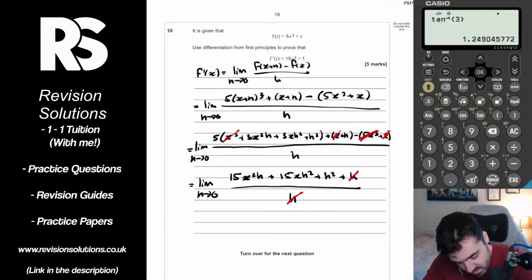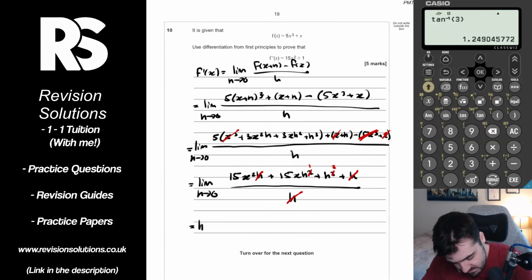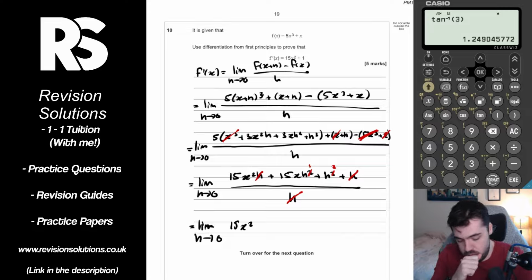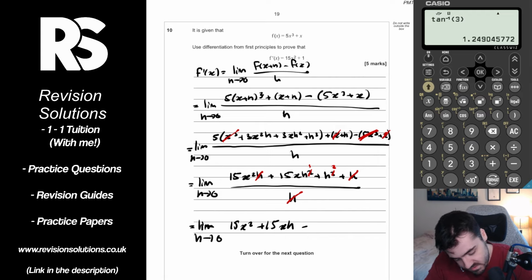So h goes there. That becomes a squared. That becomes a 1. That h just goes. So then we're left with the limit as h tends to 0 of 15x squared plus 15xh plus h squared.